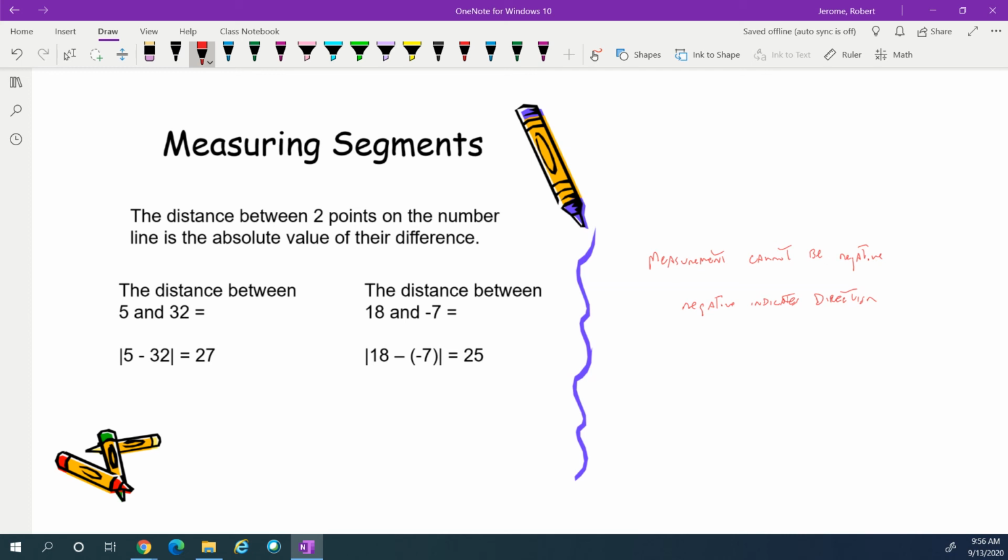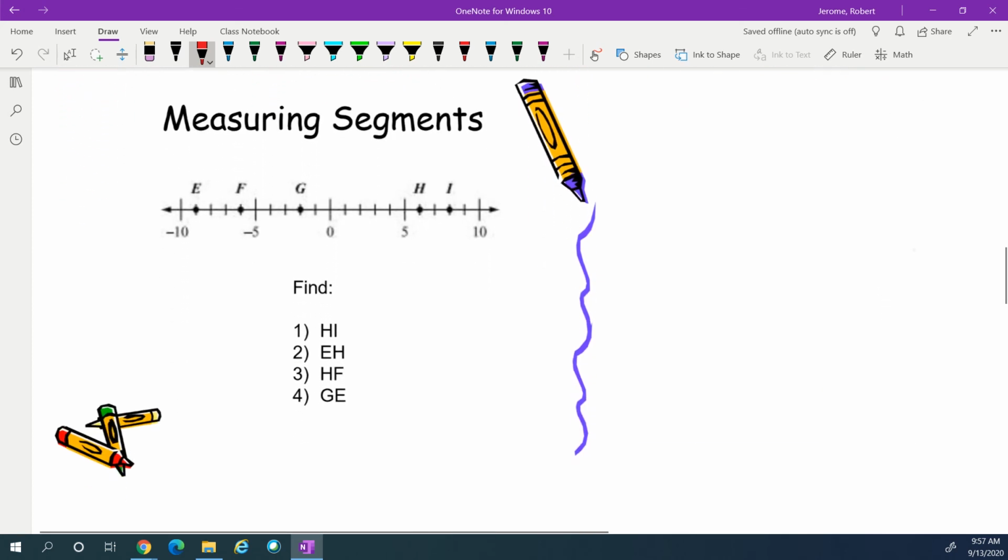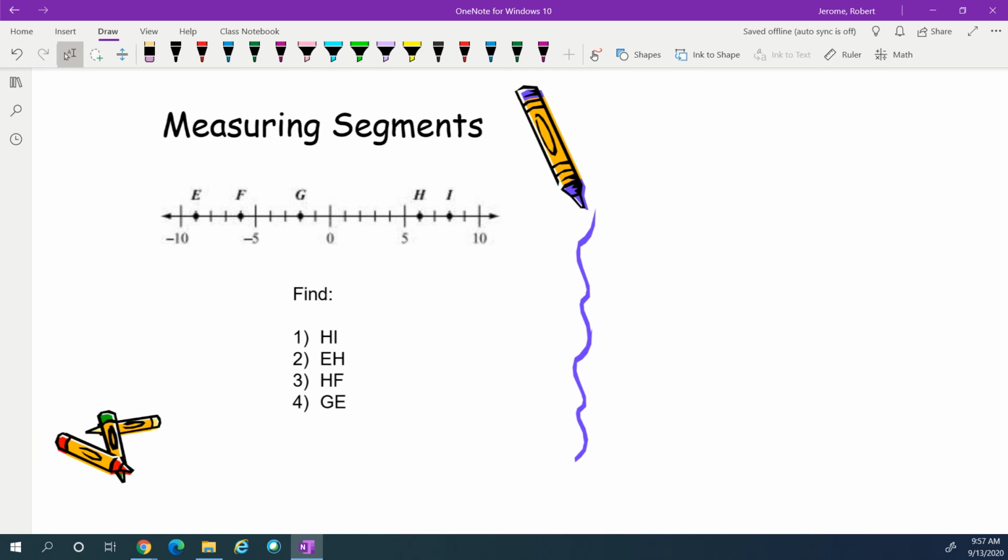So if I think of this as a number line, for example, we'll look at the first one. I have one point at 5 and the other point at 32. Rather than counting, I'm just going to subtract them and take the absolute value. And we can see whether they're in a positive position or a negative position on that number line. It's going to work. So we'll just do an example or two here.